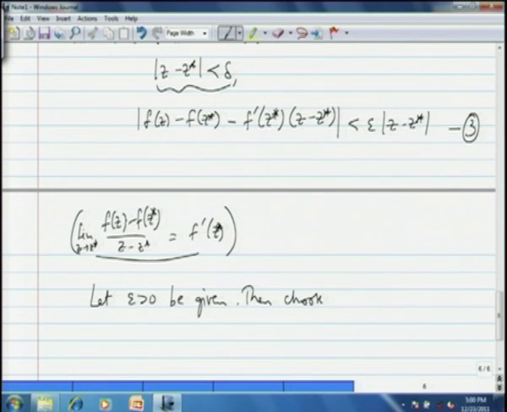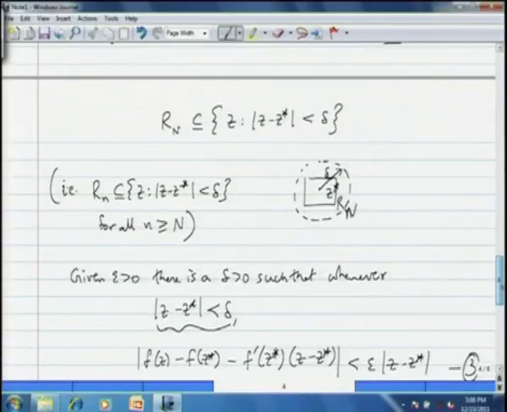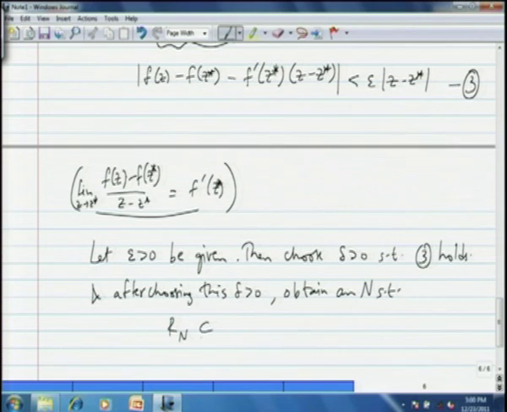Choose delta positive such that 3 holds, and after choosing this delta, obtain a natural number n such that R n is contained in the set of all z such that mod z minus z star is strictly less than delta.